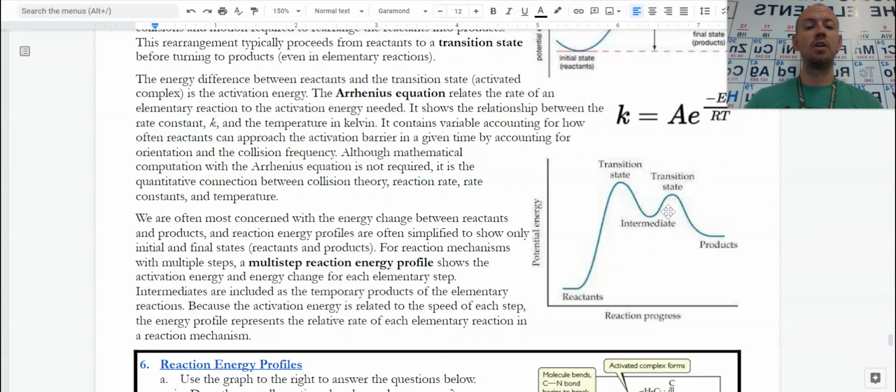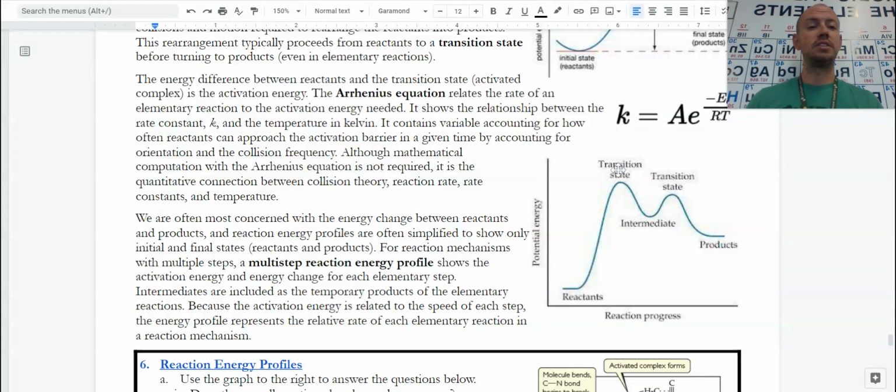When that happens, we would have a reaction energy profile with multiple hills. The beginning would be our reactants, and the end would still be our products. The top of each hill is an activated complex or transition state, and then the bottom of our middle hills is where we observe intermediates. That's an important thing to note.